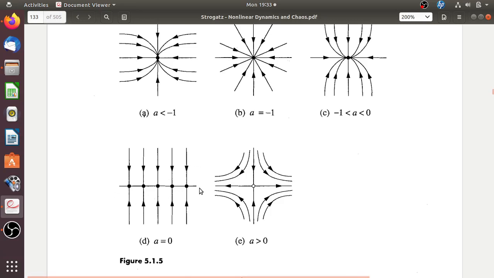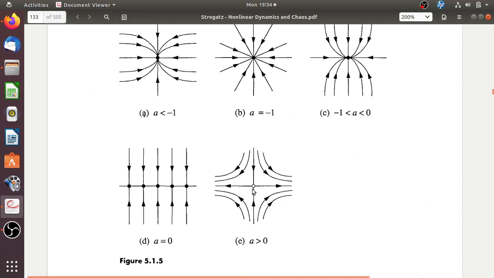And how about this one? It seems stable along this line but unstable anywhere else. If I give a little kick and the system goes like this or like this, it will try to go away.